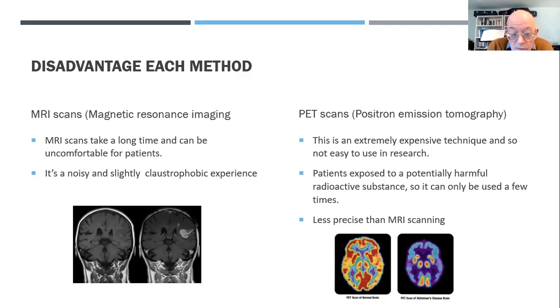And also, as you can see from these two pictures here, it's much less precise than MRI scanning. If you look at this, you can see clearly the structures of the brain and the various bits. Over here, it's a bit more like an oil painting. Highly trained scientists obviously can interpret those, but the MRI scans are definitely making it a bit easier for them.